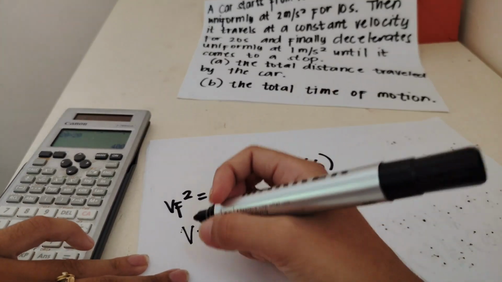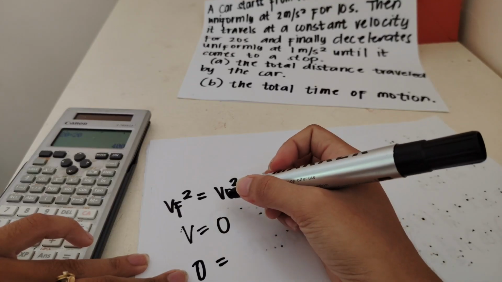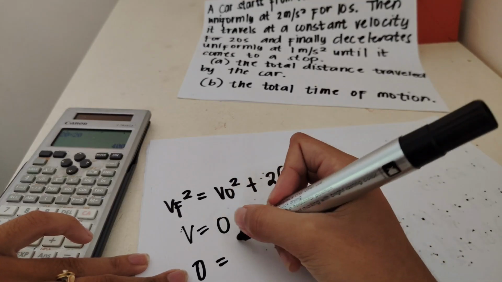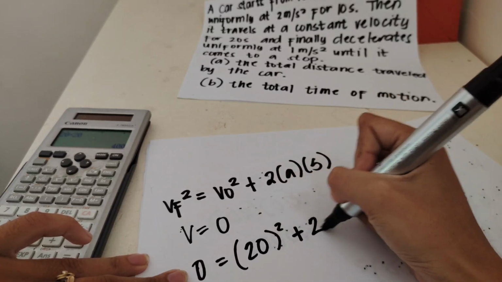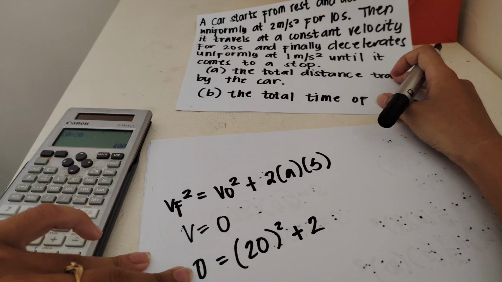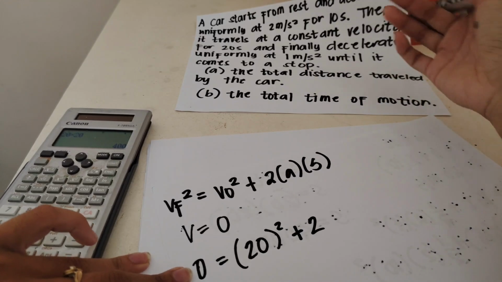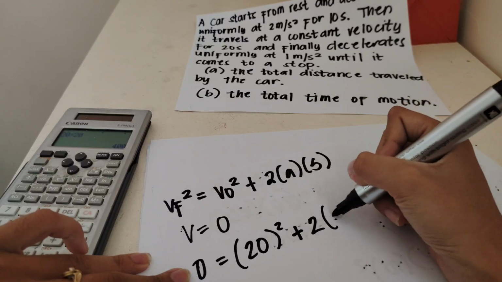By substituting, we have 0 is equal to the initial velocity of 20 squared plus 2 times the acceleration, which since it decelerates is negative 1.